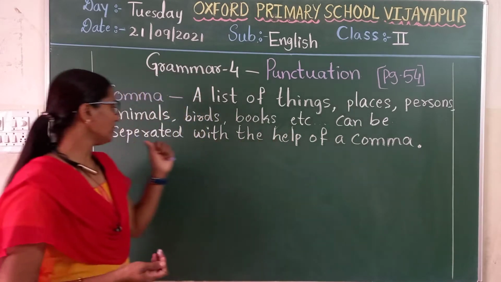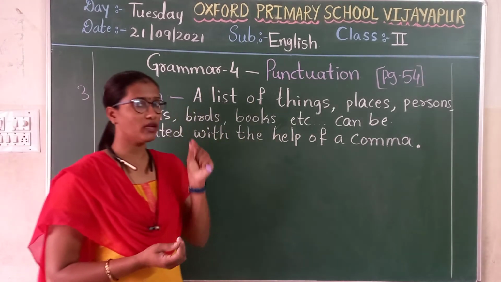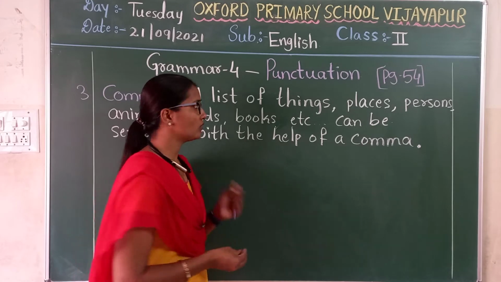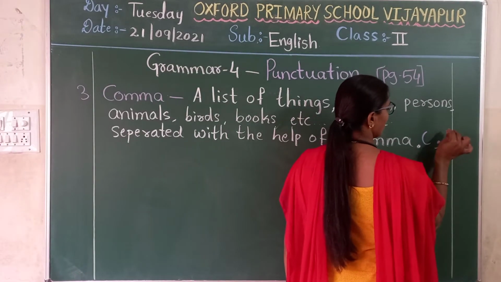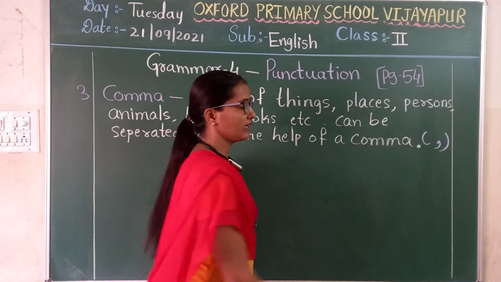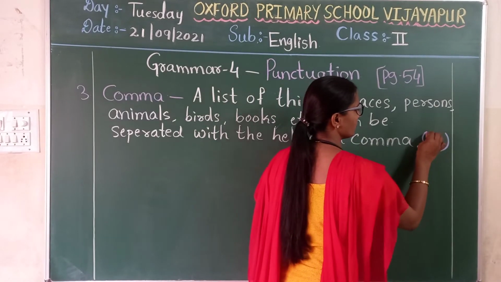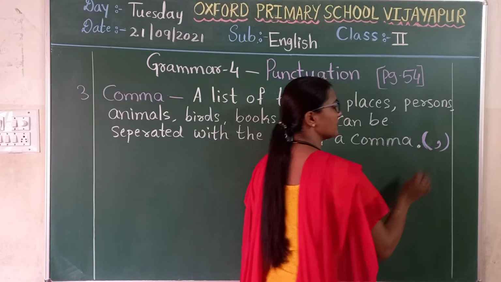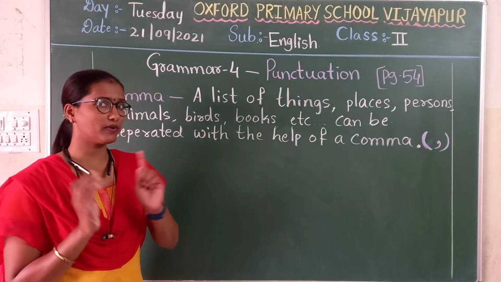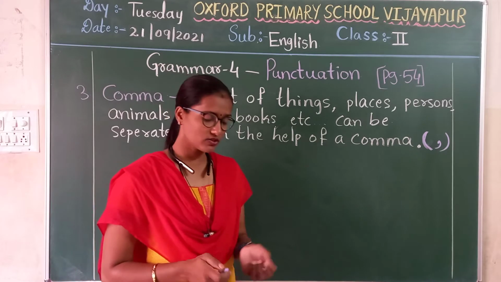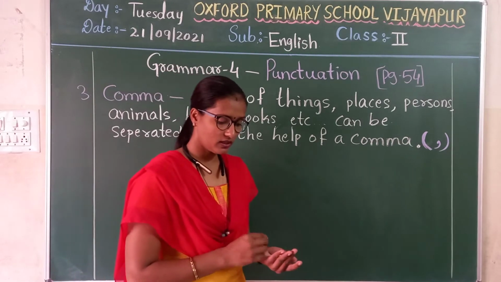These all can be separated with the help of a small comma. How will the comma be? So here, like this, right? In the bracket, I have shown you the comma symbol. So we will just give one comma to separate the things. Understood? Let us take an example.